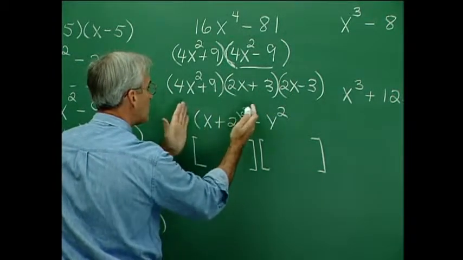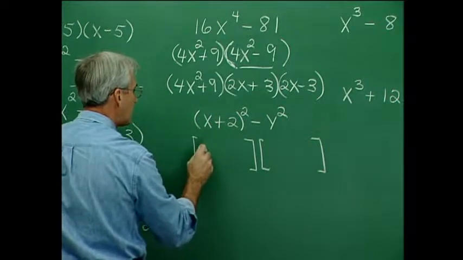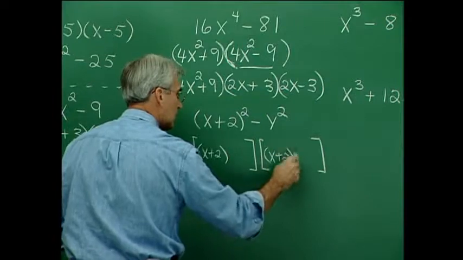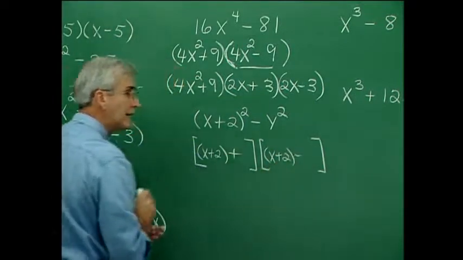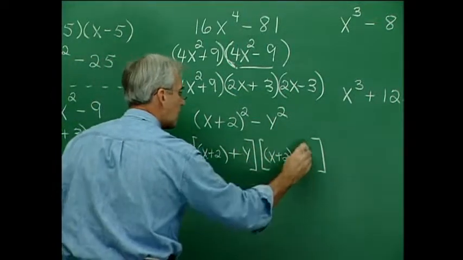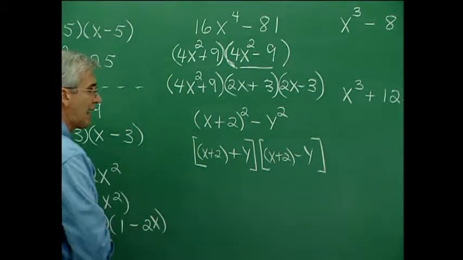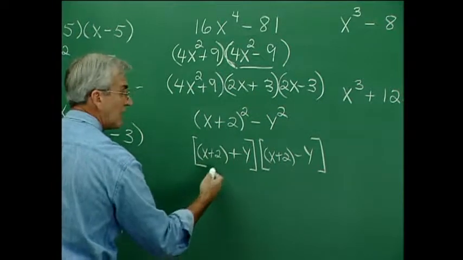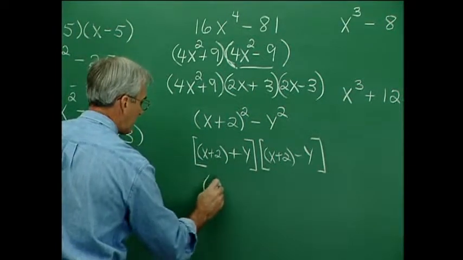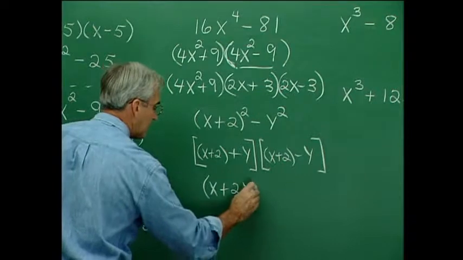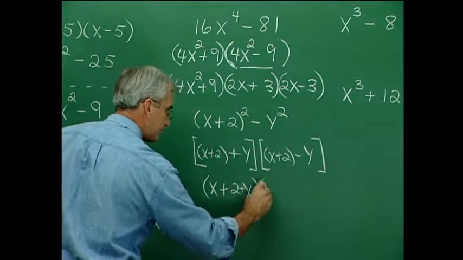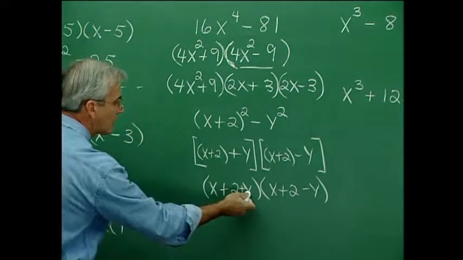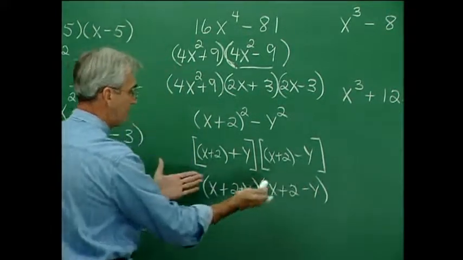Well, this binomial is squared, and so you list the binomial here in both places, and then it's the plus minus idea, and then y is being squared for this last term, and this is the factored form. We probably would drop the parentheses within the brackets, and even the brackets can change into parentheses like this. So we have x plus 2 plus y, x plus 2 minus y as the factored form.